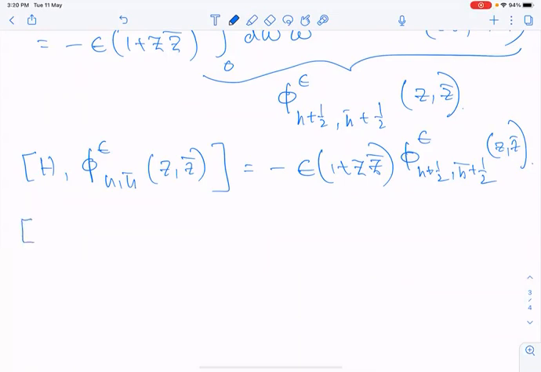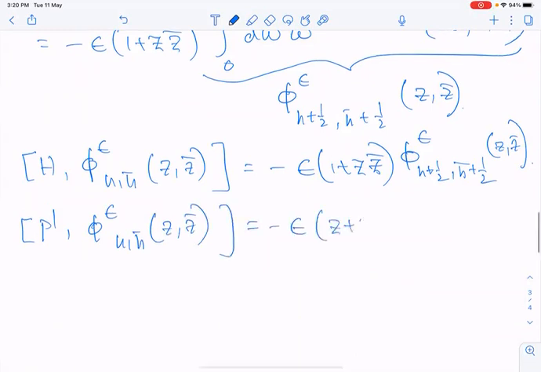So similarly, one can see, for example, that this will be just given by minus epsilon z plus z bar.